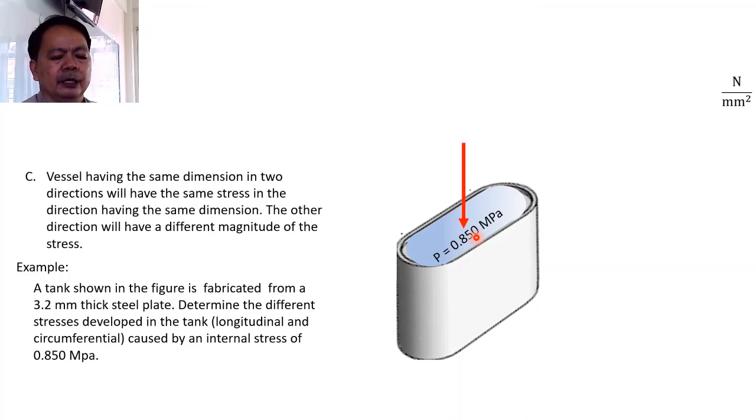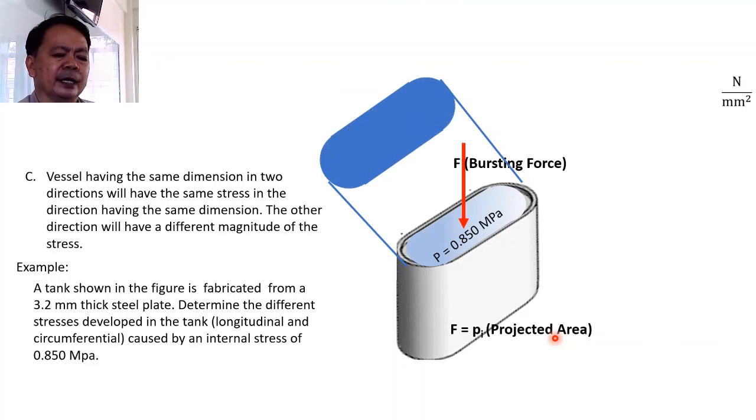This will now be causing this lower part to be pushed against the upper part, and this is our bursting effect. Ang ating bursting effect will be the product of this pressure multiplied by the projected area. Now, how do we get the projected area? The projected area will be defined by this area, itong area nasa ibabaw nakita natin.